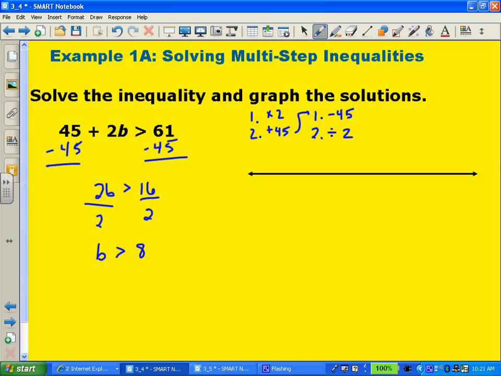So then, just like the others, I'm going to go to my number line, put 8 on there, put a couple numbers on either side of it. Now it's just greater than, so I have an open circle, and it's greater than, so that means it goes to the right. Okay?